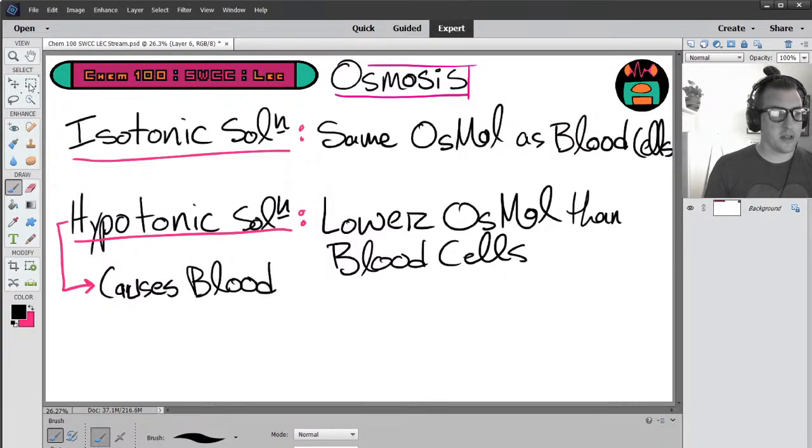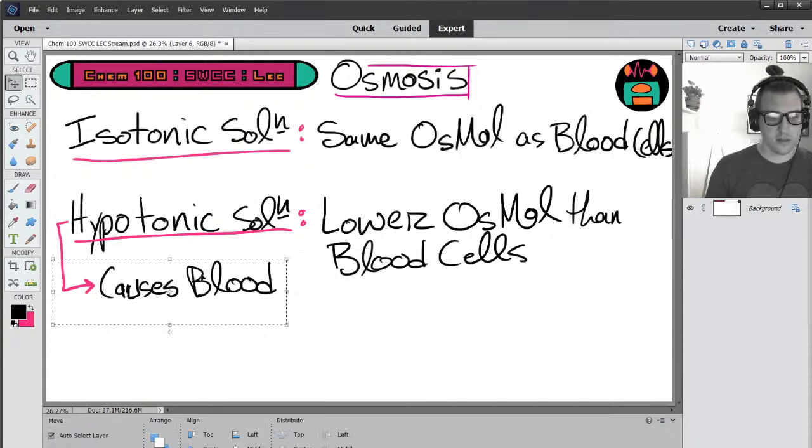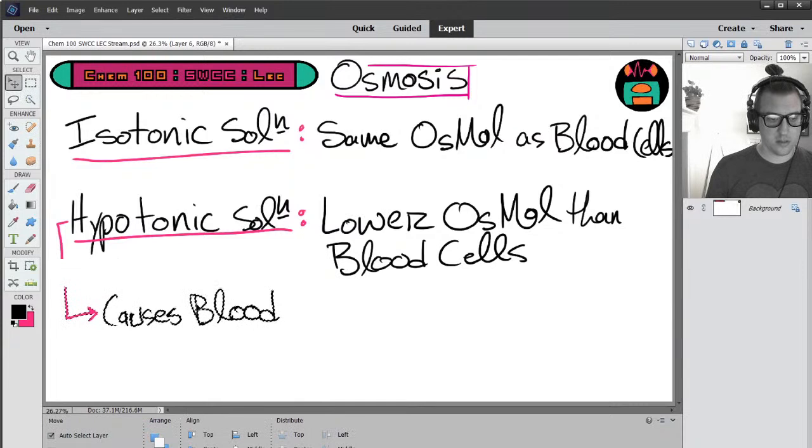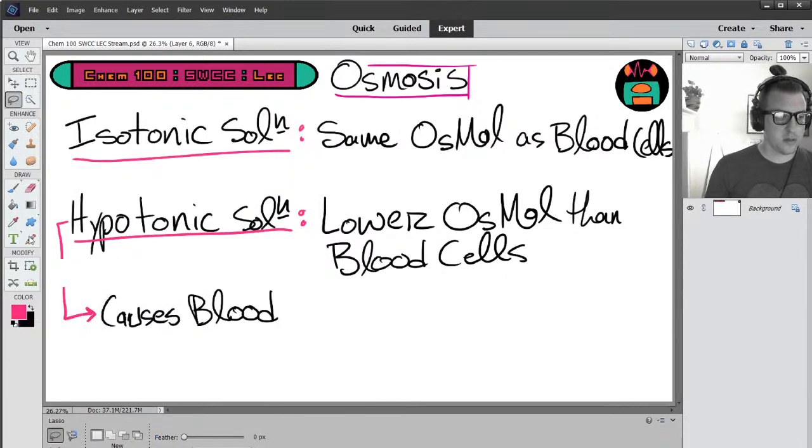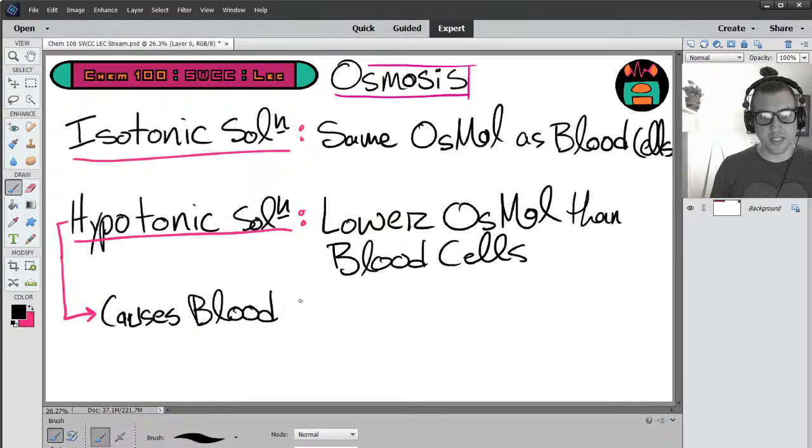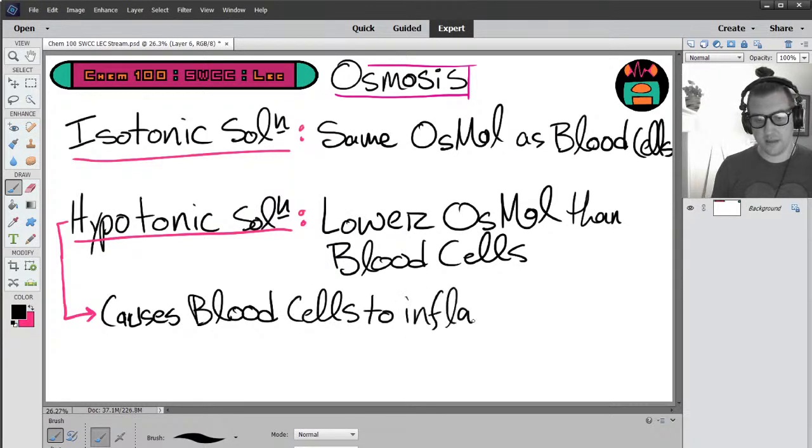So it causes blood cells to inflate and or burst.